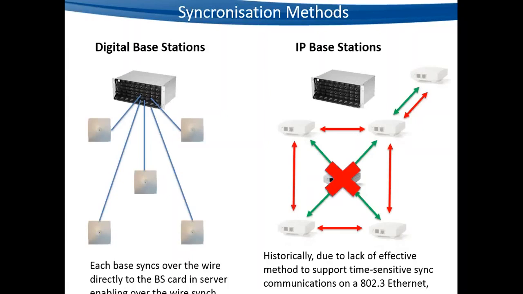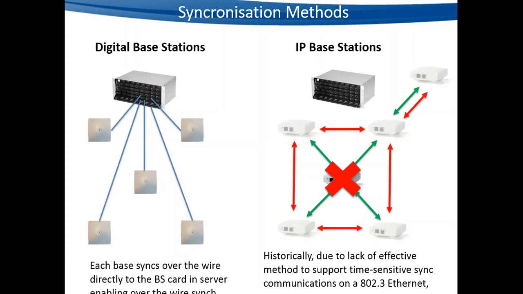If the master base itself were to go down, then every other base station in the synchronization chain would lose synchronization, and as a result the whole system effectively falls over as far as being able to support phone calls on the DECT system until a technician comes in and replaces that down base station, and then also has to manually do some reconfiguration of the synchronization chain to bring it back up and get the system working again.